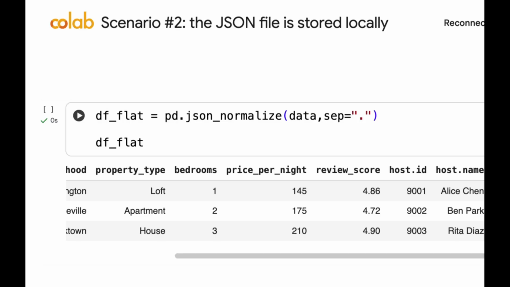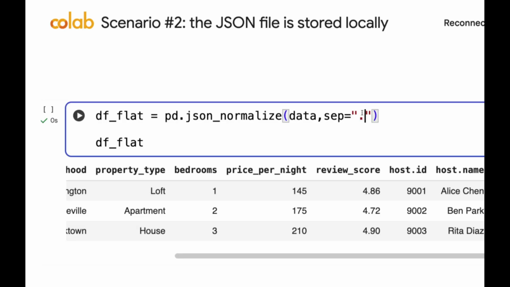So by doing this json_normalize operation, we converted the nested structure into separate columns. The dot symbol as a separator is exactly the dot between host and id, host and name, and host and is_superhost. If you want, you can replace it with an underscore. Let's run it again.